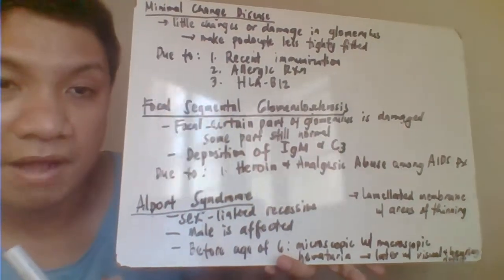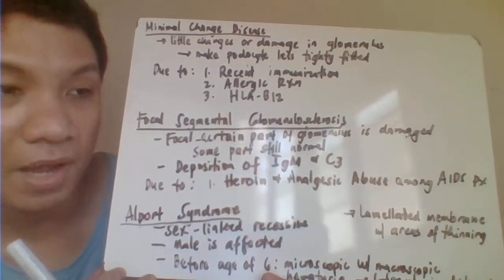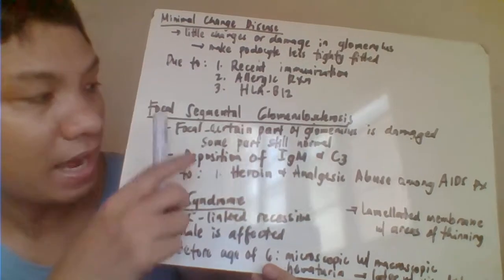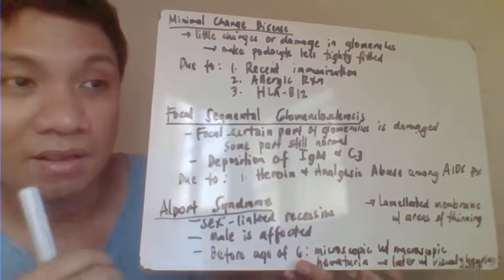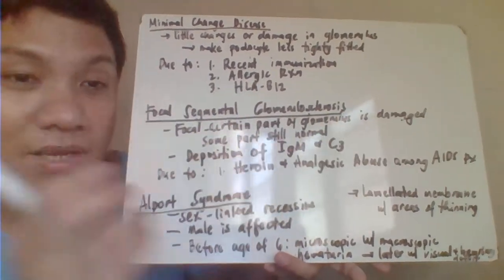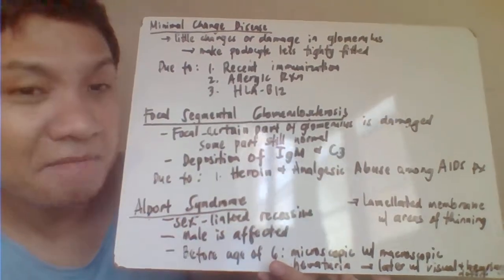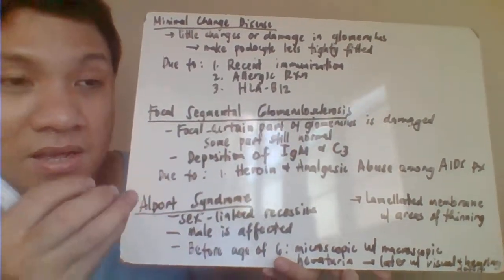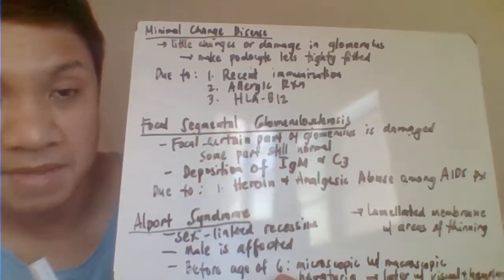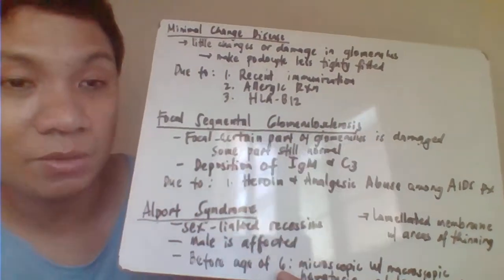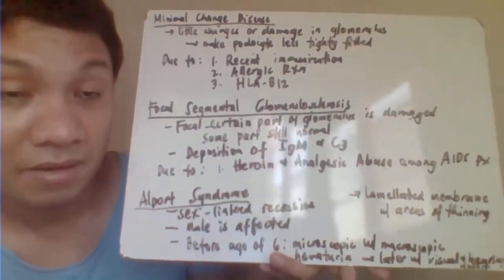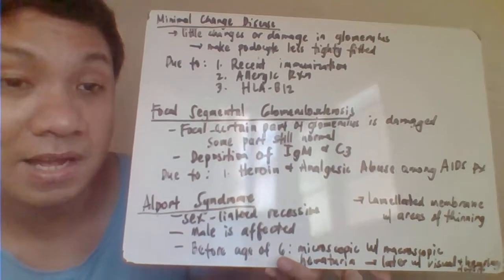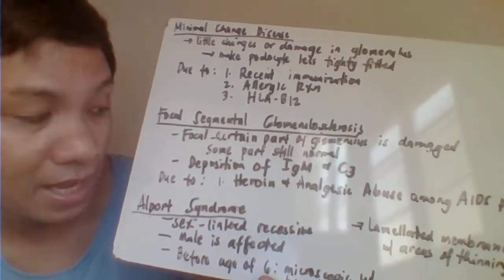Okay, the next one, we have your focal segmental glomerulosclerosis. Focal, segmental, so mean to say, focal is focus, mean to say one part lang, or segment, one part lang ng, or area ng glomerulus natin ang damage. The other part, if you try to look at that one, they are still normal. Okay, so since certain part lang ang damage natin, it becomes here focal segmental.